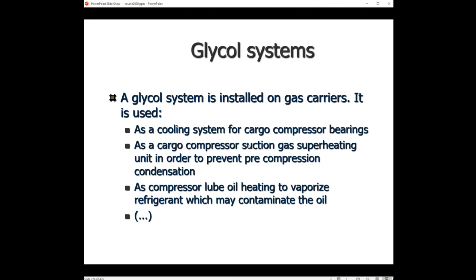So if your loop oil of the compressor is contaminated with cargo, you keep it at, let's say, plus 40 degrees, then it is impossible that this cargo will remain in the oil because it will evaporate. And like that, you can separate oil from cargo.